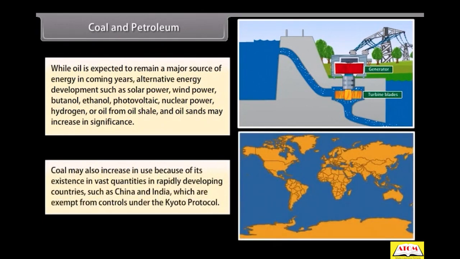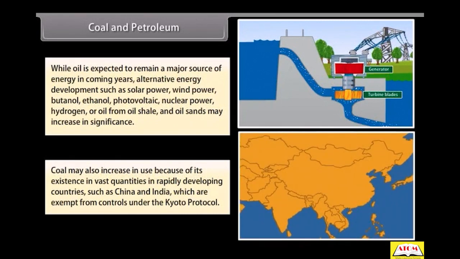Coal may also increase in use because of its existence in vast quantities in rapidly developing countries such as China and India, which are exempt from controls under the Kyoto Protocol.